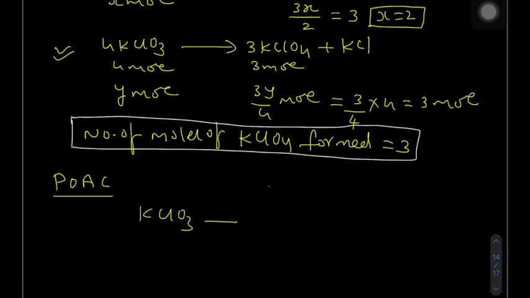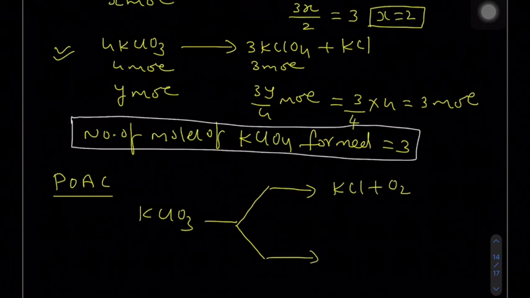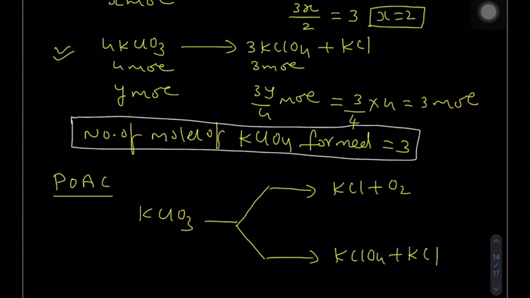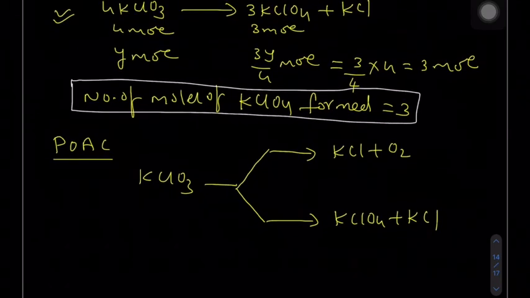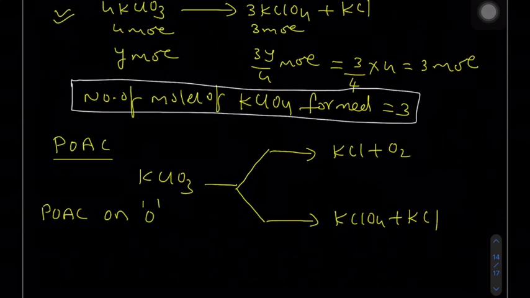KClO3 decomposes in two different manners. In the first manner it decomposes to KCl and O2. In the second manner it decomposes into KClO4 and KCl. Now what I am doing here, I am applying POAC on the oxygen atom, because the information regarding oxygen is given.